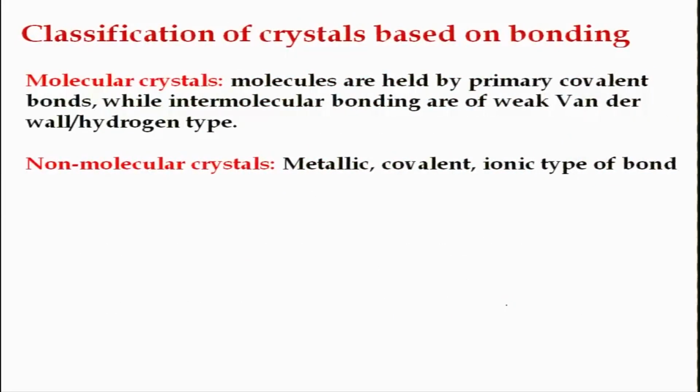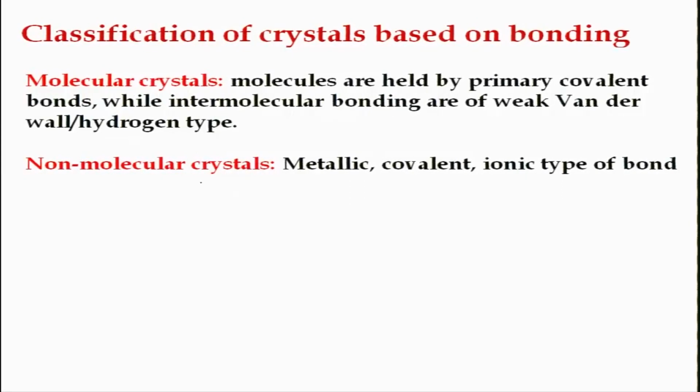You can do another classification based on bonding. There are crystals in which molecules are held together by primary covalent bonds, whereas intermolecular bonding could be of the weak van der Waals type or hydrogen type. These are molecular crystals such as polymers.